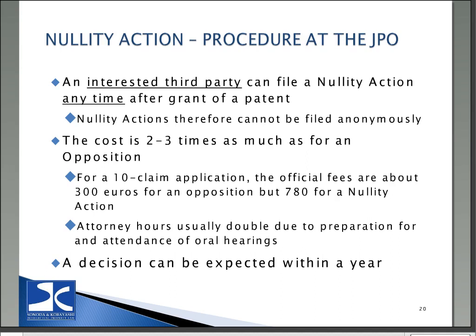So you exchange opinions between the filer of the nullity action and the patentee, back and forth. And almost at the end of the proceedings, you have an oral hearing. Therefore, this is a kind of full menu, and this tends to be more expensive. But still, the decision can be expected within a year.